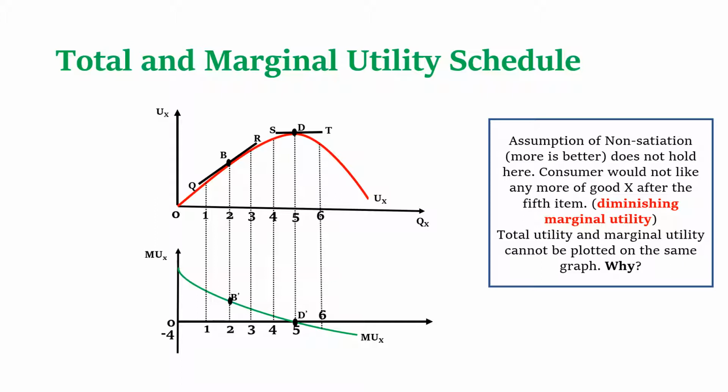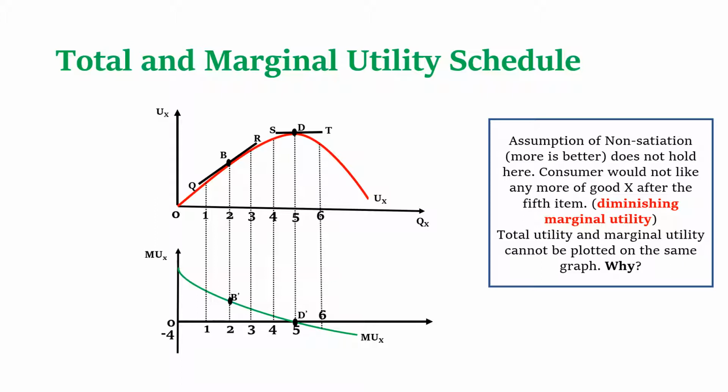So we notice that at point D, the total utility reaches its maximum point. At that particular point, the derivative of the total utility function with respect to the quantity is equal to 0. That corresponds to point D prime, which is 0. So the marginal utility function has a value of 0, and the total utility reaches a maximum.